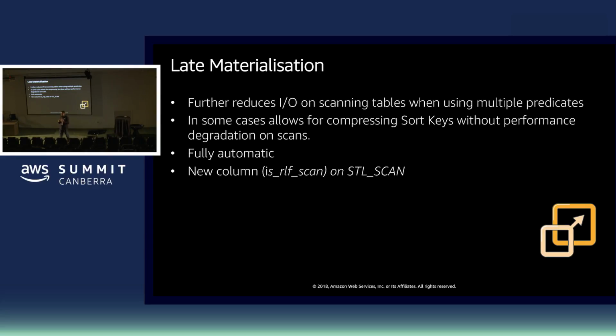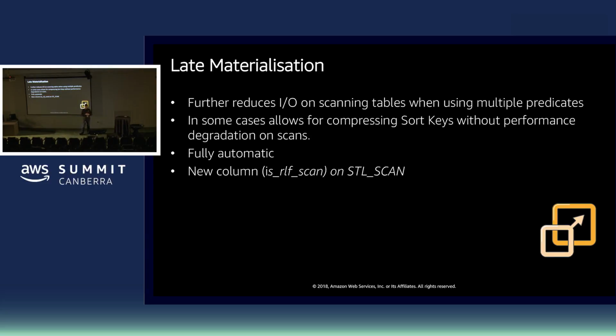When you are reading columns with predicate filters on them, we can actually reduce the amount of I/O that we do on it. With late materialization, you can also have compression on sort keys, because when we read the data, we would be able to understand and apply the predicates before you start using the query to get more data out of the query.